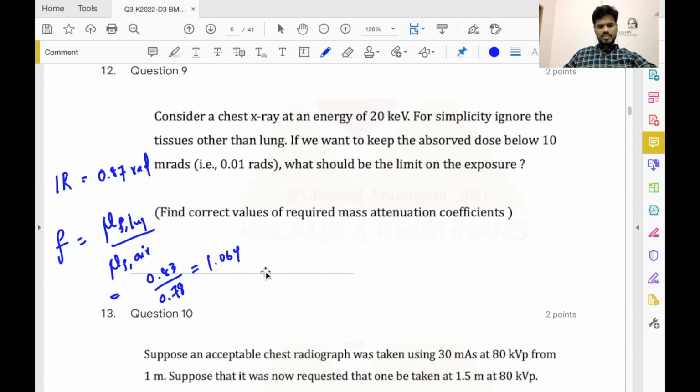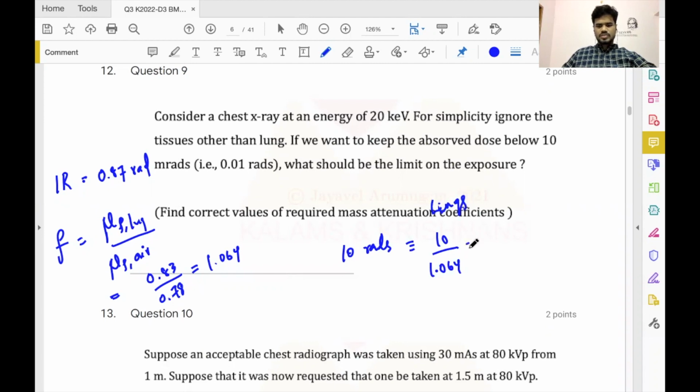And then our observed dose below 10 millirads corresponds to 10 by 1.064 millirads in lungs.